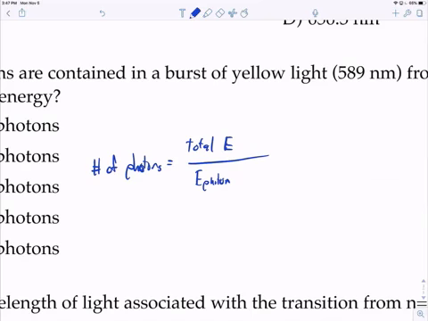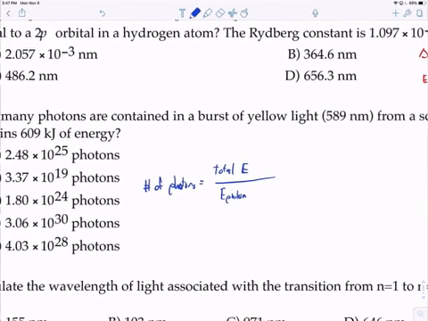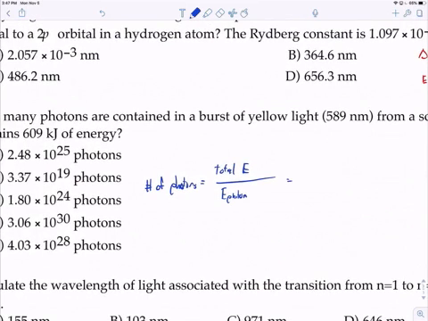So the total energy is equal to 609 times 10 to the third joules. So don't forget the kilo, that's where that comes from. And E is h nu, which is equal to hc over lambda.